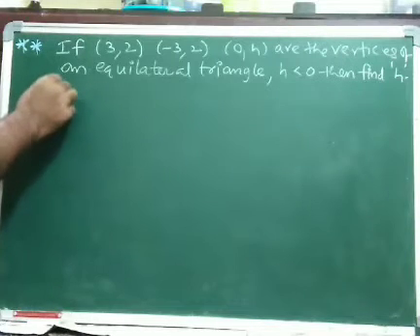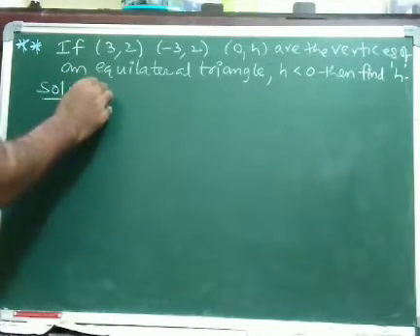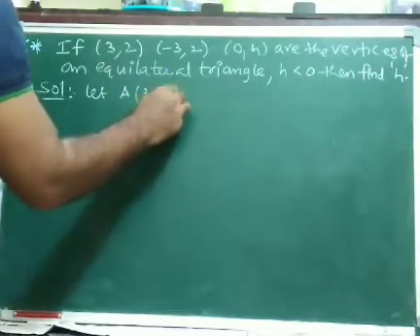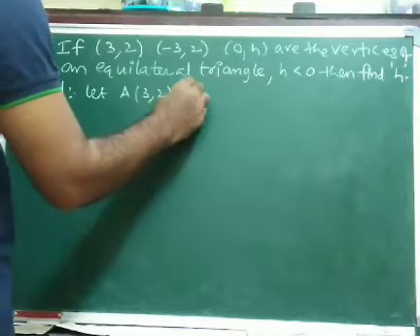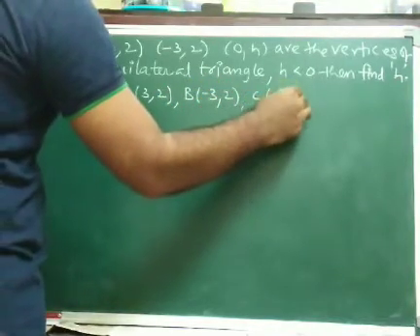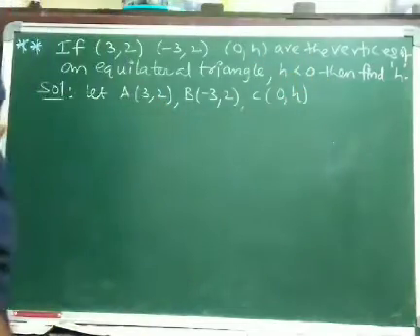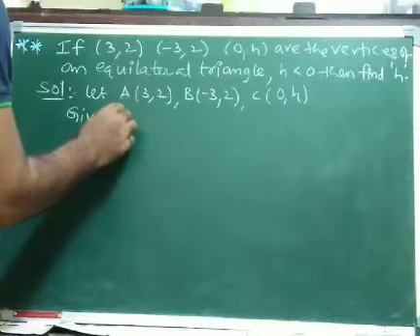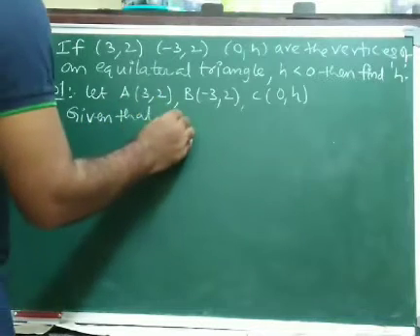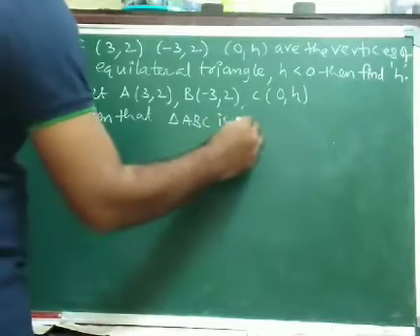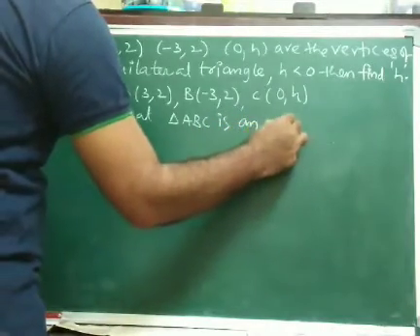So first of all, assume the given vertices as capital A, capital B and capital C, isn't it? So given that triangle ABC is an equilateral.